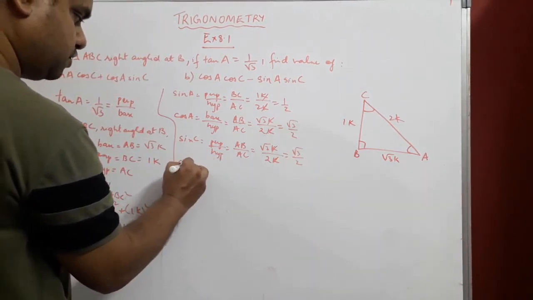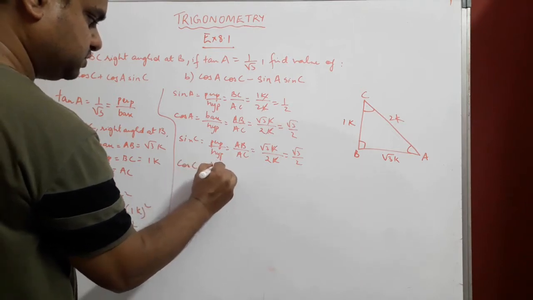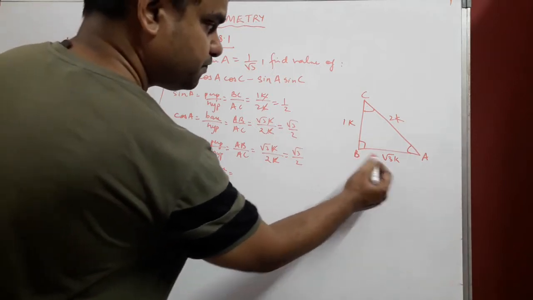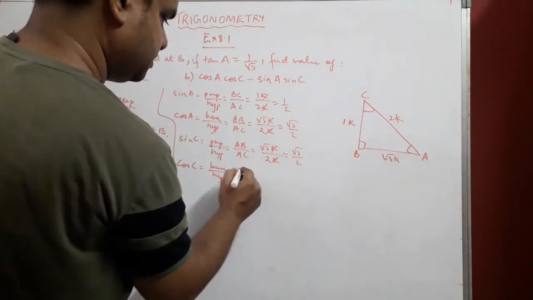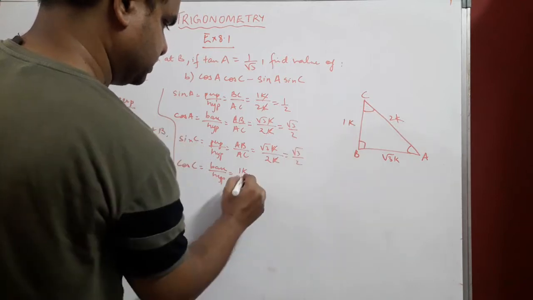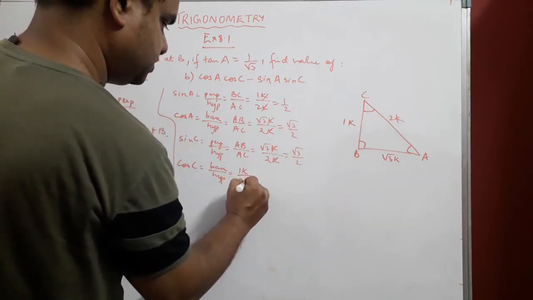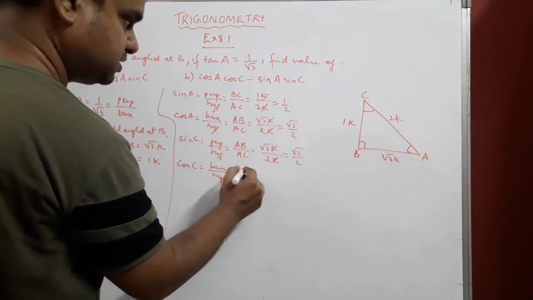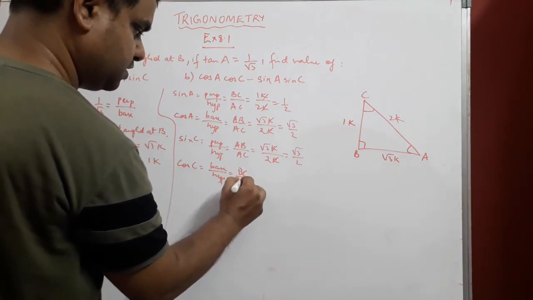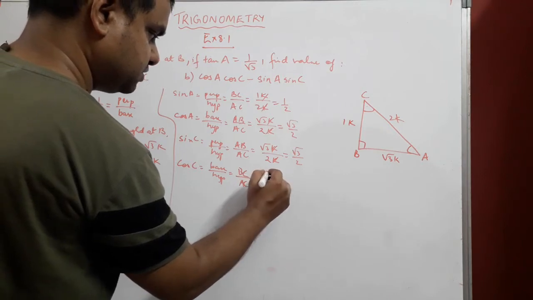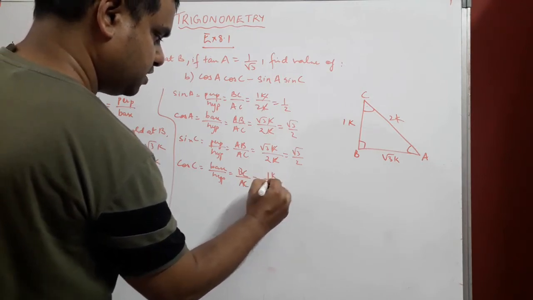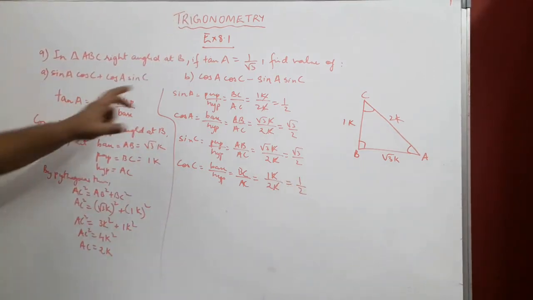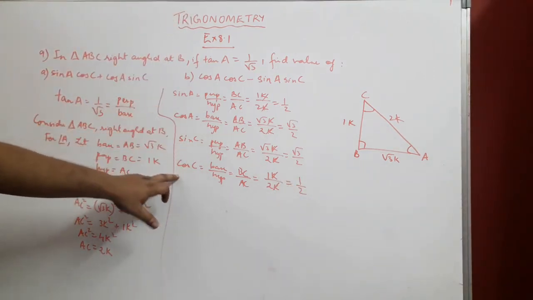And we have cos C, which is base upon hypotenuse. Base is BC upon hypotenuse, which is AC. So that would be 1k upon 2k. K cancels. That's half. Now we've got sin A, cos A, sin C and cos C.